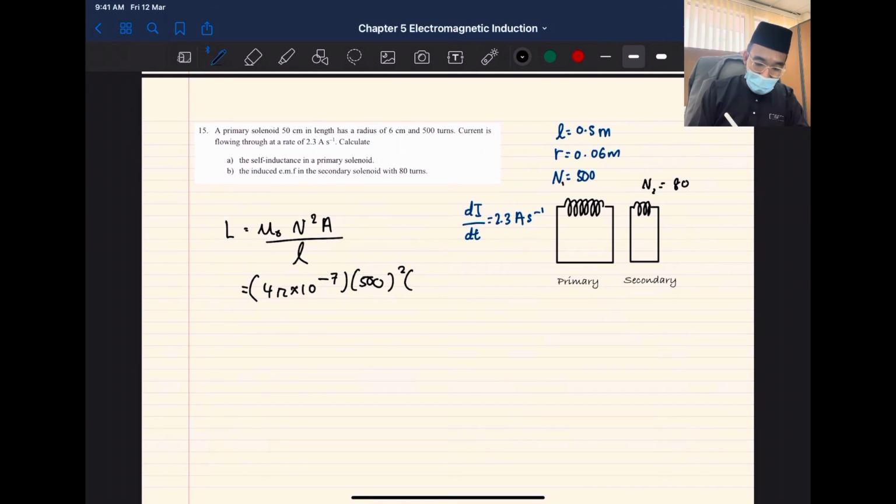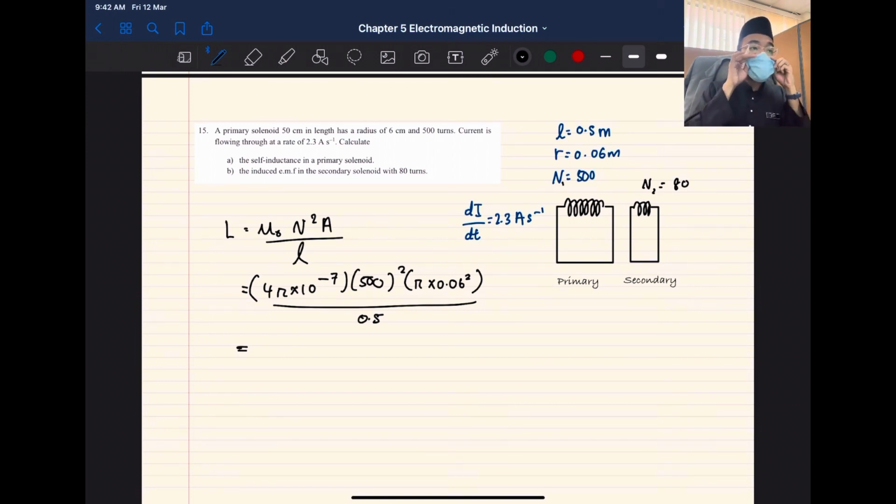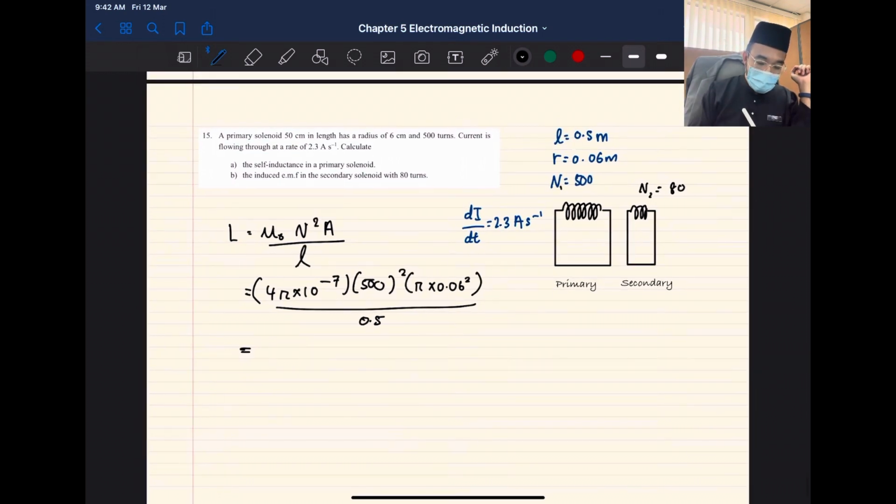Area is not given, but they give you the radius, so you have to use pi r square. The length here is 0.5. I got here 7.11 times 10 negative 3. The unit would be Henry.